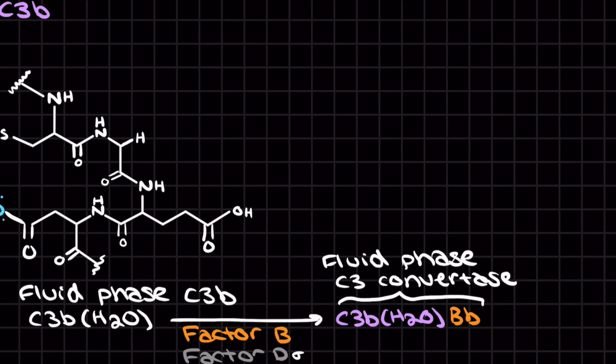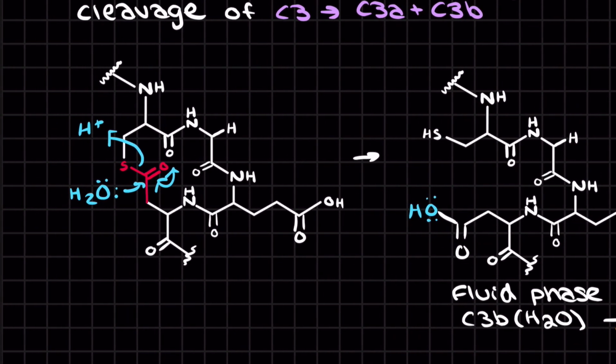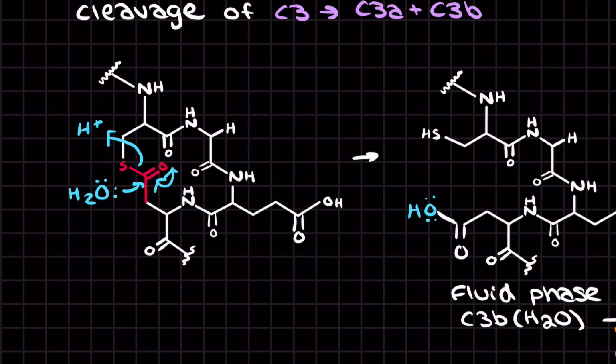However, all of that C3b that's made will be inactivated by this reaction, by the addition of water, the acyl substitution at that thioester. And so as long as there is no surface for the C3b to adhere to, it will be almost instantaneously inactivated by the water that is ever present within the blood.